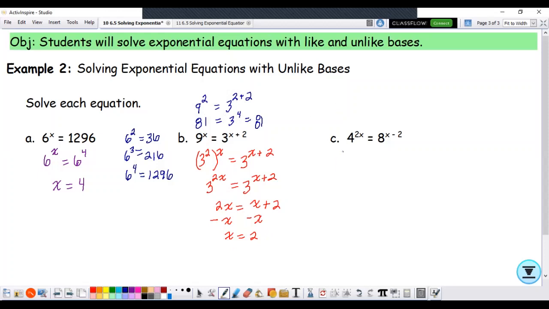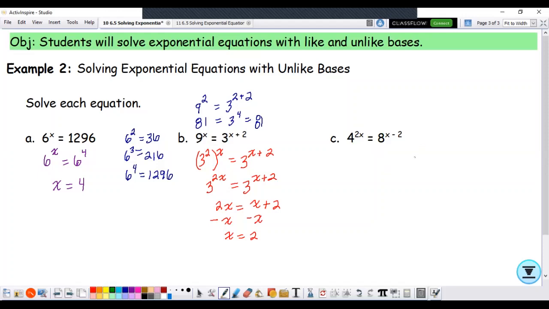And finally, on C, I do have, again, two exponential expressions, but this is different even from example B because there isn't a power of 4 that will give me 8. 4 squared is 16.